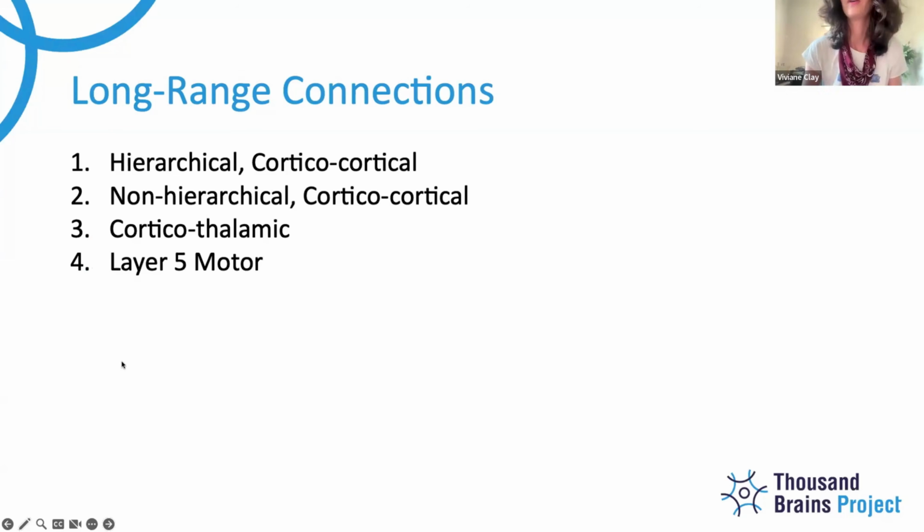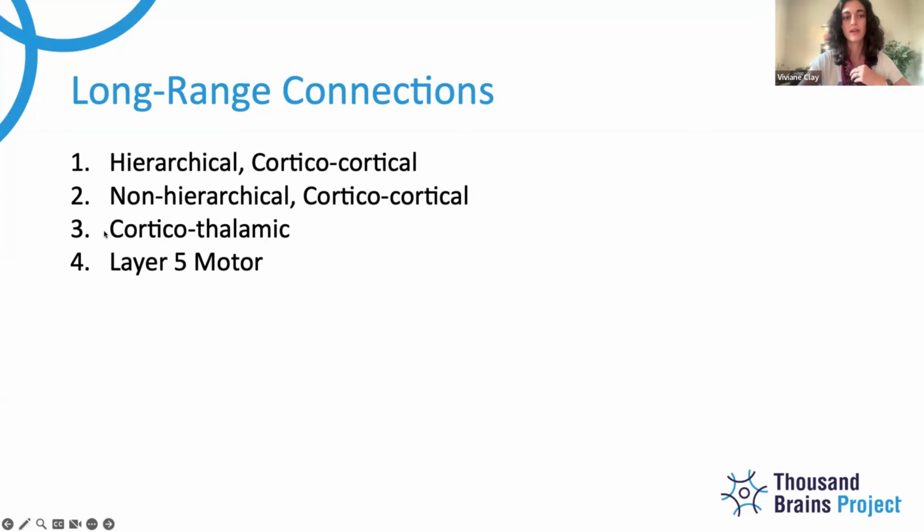Okay, so we grouped the long-range connections in 4 conceptual categories for the purpose of this paper. First, we have the hierarchical cortico-cortical connections. Those are the very classical connections that define the cortical hierarchy, as people usually think about it: information entering the brain, getting processed, sent further up in the hierarchy, getting further processed, getting sent to the next level of the hierarchy, further processing happening, all within the neocortex.